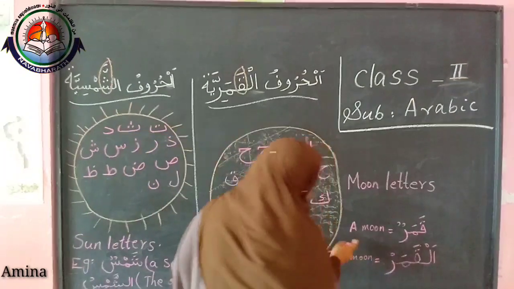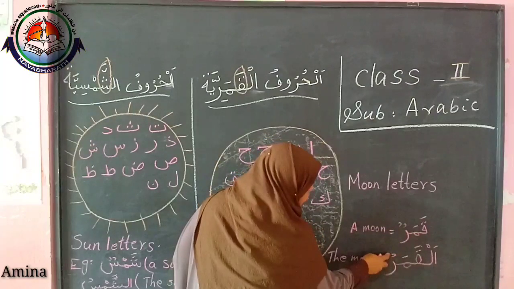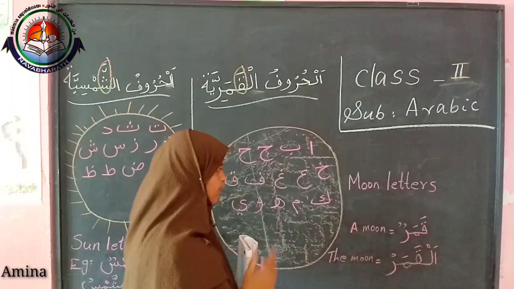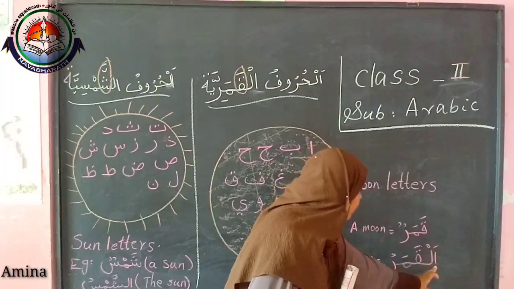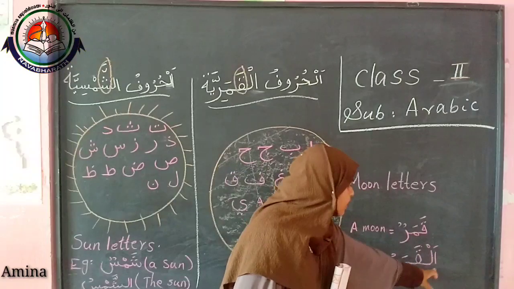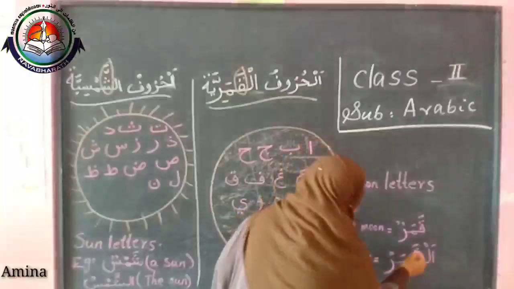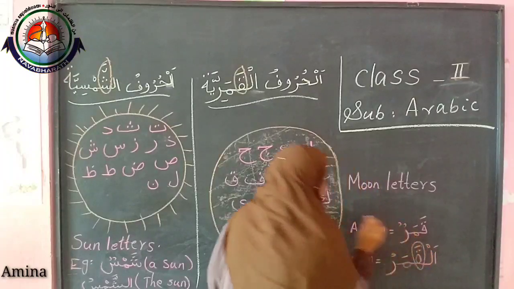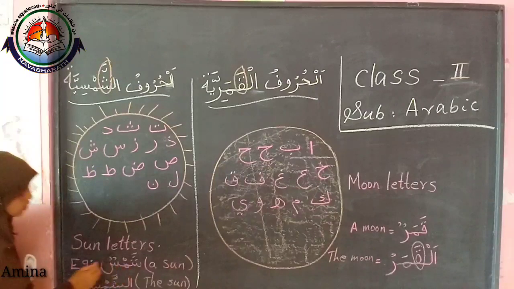Qamarun, a moon. You can see here one lam, but there you can see a double lam. If we add alif and lam before it, we can read it al-qamaru. Lam sound is clear. Then this letter is called huruful qamariya.